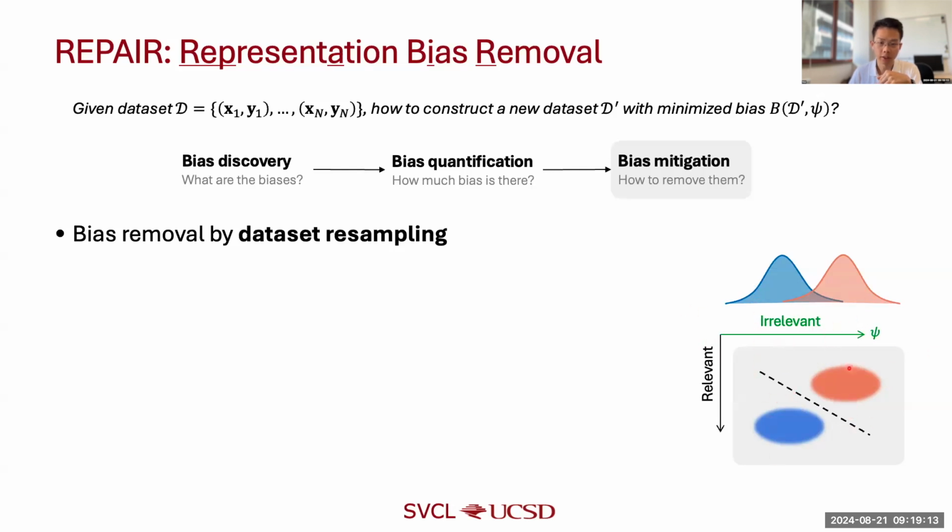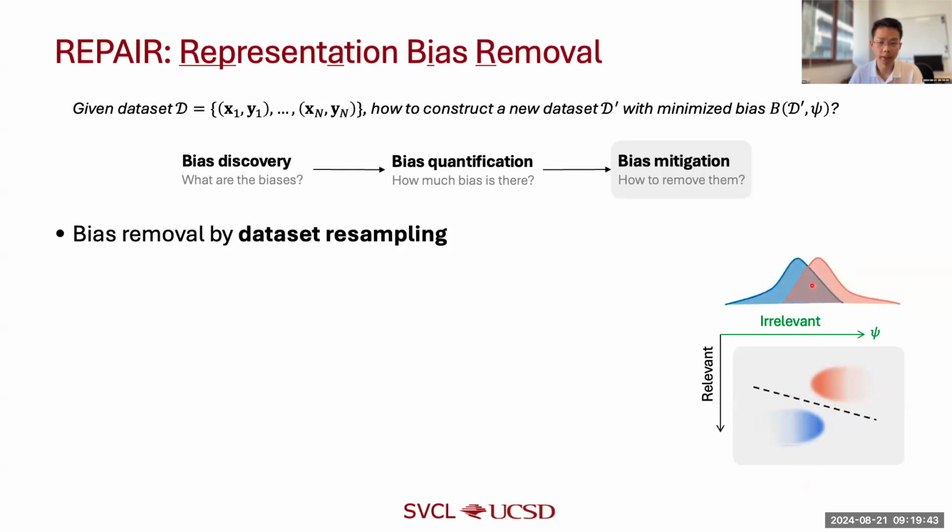If you look at the projection of the classes onto the psi axis, it's quite easy to separate the two classes using psi alone, which means the dataset, as we say, is biased towards psi. And the resulting classifier here is also skewed towards psi. But what if we resample the dataset to prioritize these samples in this region that are closer to the boundary?